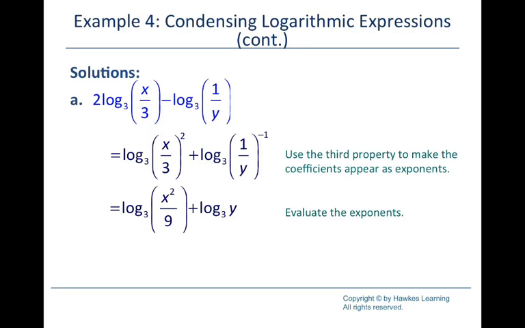Plus log base 3, 1 over y to the negative 1 is the same as y. There's a couple of different ways you could have written that. This one is fine. So, putting it back as 1, we're going to have log base 3 of x squared y over 9. Because it's plus, you're going to multiply them.